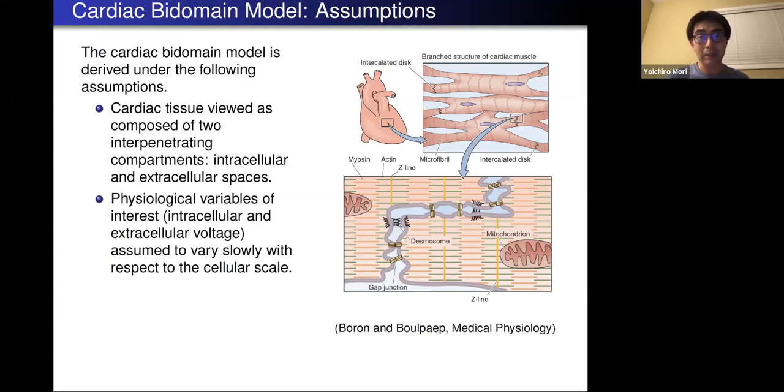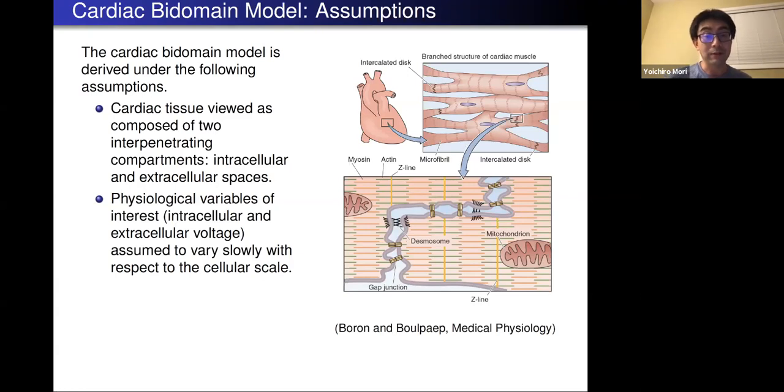And in the cardiac bidomain model, which is what we are going to talk about today, cardiac tissue is viewed as composed of two interpenetrating compartments, the intracellular and extracellular spaces. The intracellular spaces are connected with each other through what are called gap junctions. And there's the extracellular space, which is the gap that is filling in these cardiac strands.